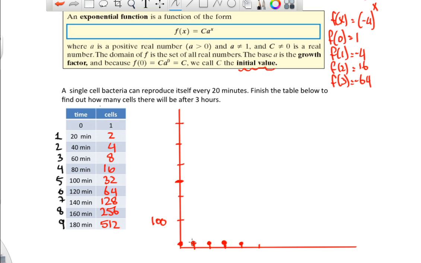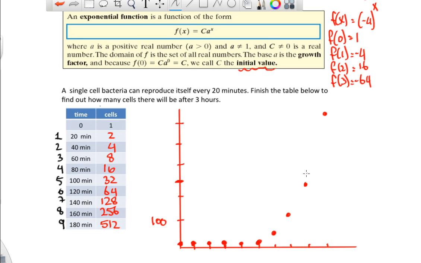So that's 0, 1, 2, 3, 4, we're in the 5th interval, so we're at 32, and we're finally coming off the x-axis a little bit. 32, 64, just past halfway, 128, we're over here, 256, about 250, and then all the way up to just over 500.